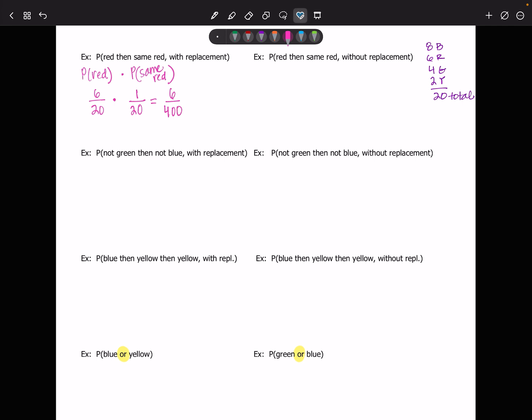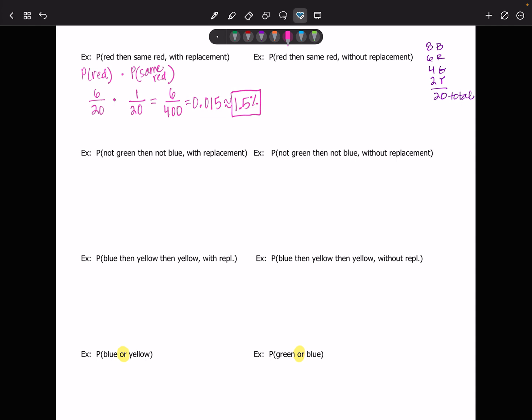And I put that into my calculator, and I get 0.015. Multiply that by 100, and I get 1.5%.